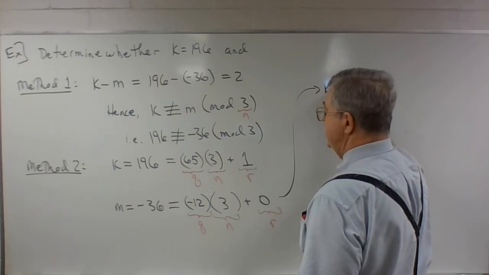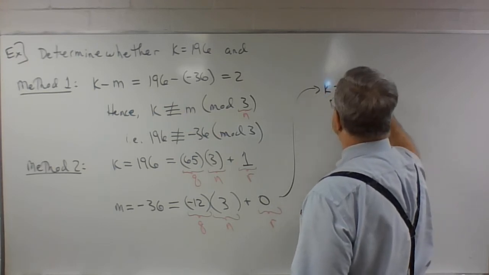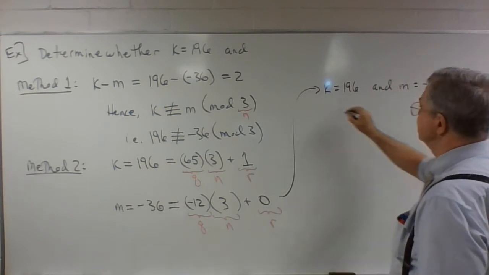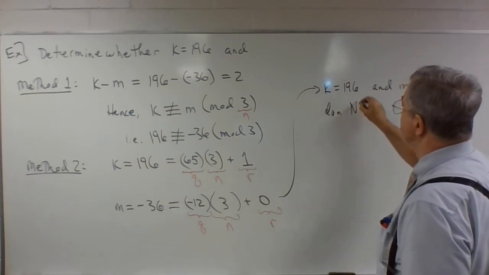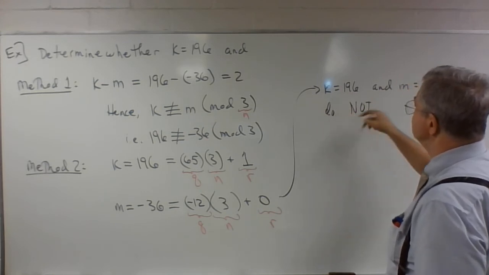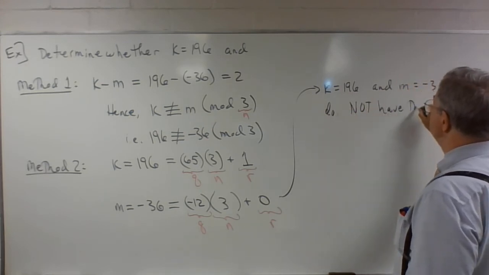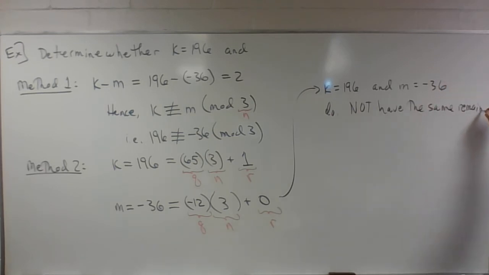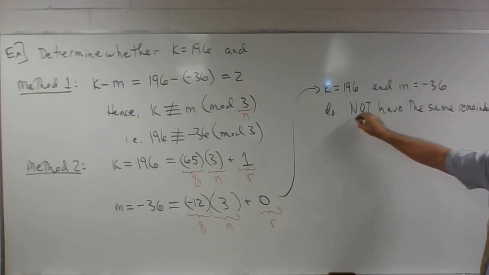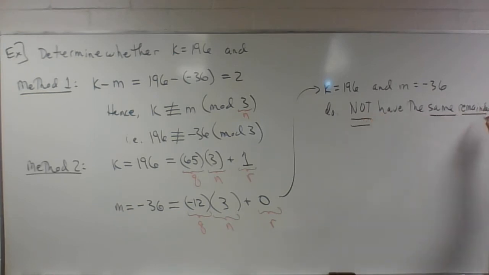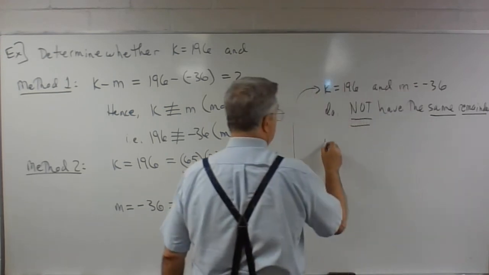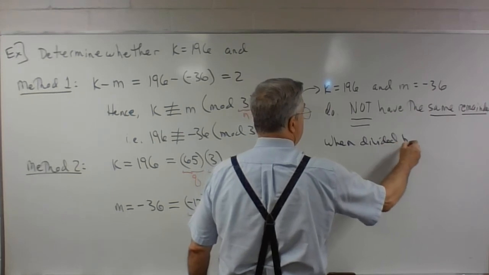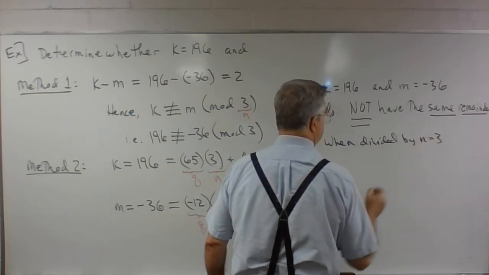So K equal 196 and m equal negative 36 do not have the same remainder when divided by n equal 3.